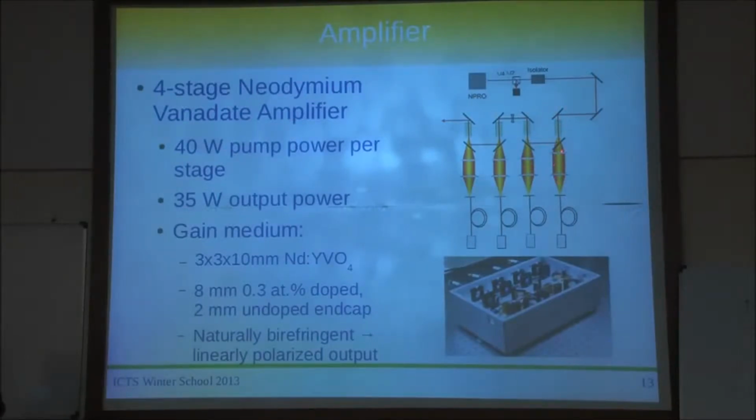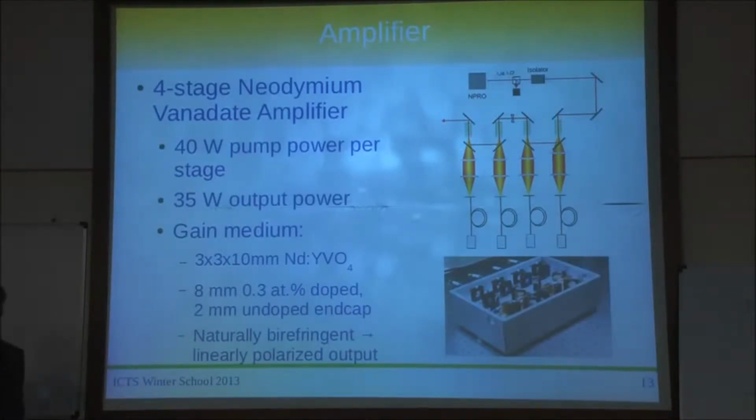So the pump light has to be separated from the laser light here. This is 808 nanometers, this is 1064. And there are easily available dichroic mirrors which do that job. They are transparent for 808 nanometers and highly reflective for the laser wavelength. And then the light is just sent through these crystals.